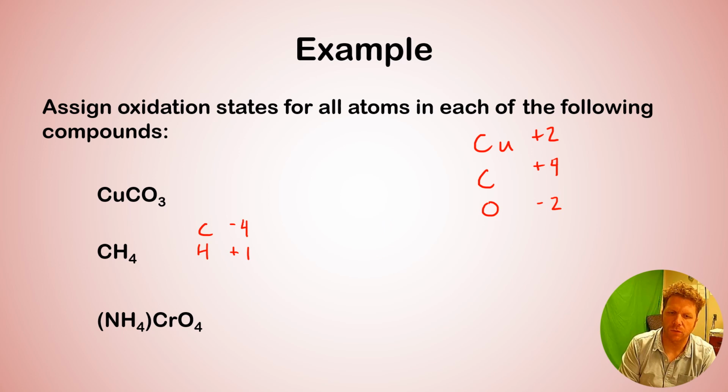All right, now this next one is a little bit more complicated, but there are some things that you can kind of deduce from it. NH4 has a +1 charge. Hydrogen has a +1 charge. So our math equation for this NH4 is blank plus 4 times +1. I'll do some more erasing.